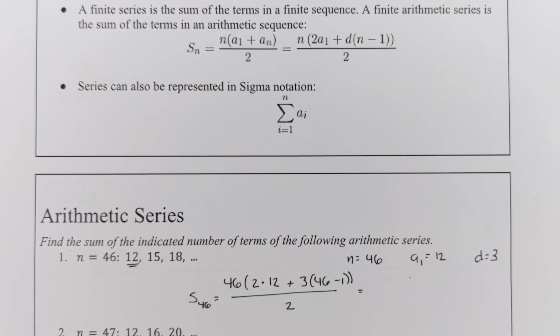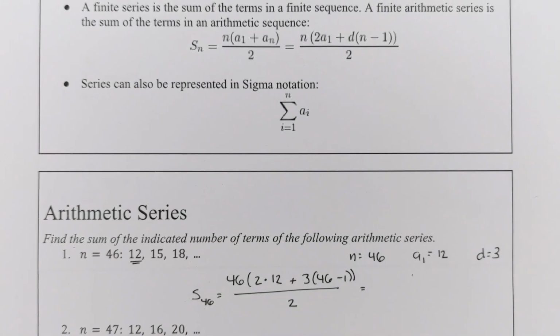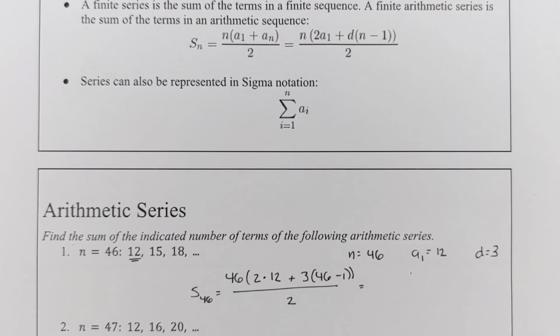So let's get a calculator and work that out. Now you can type this in all at once into your calculator. You do need to be careful though with that double close parentheses.